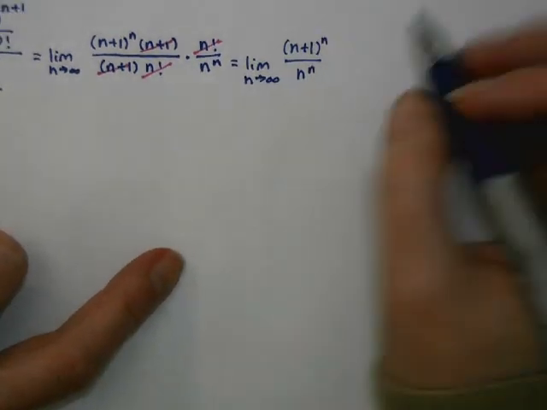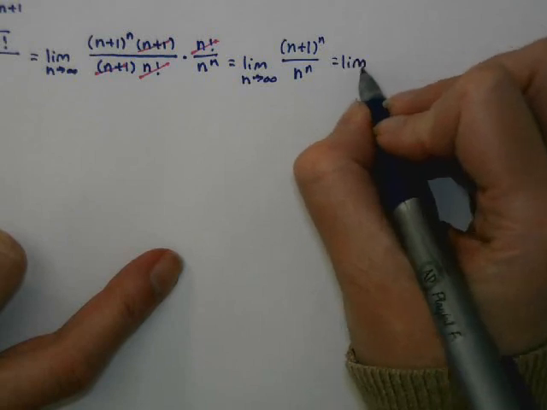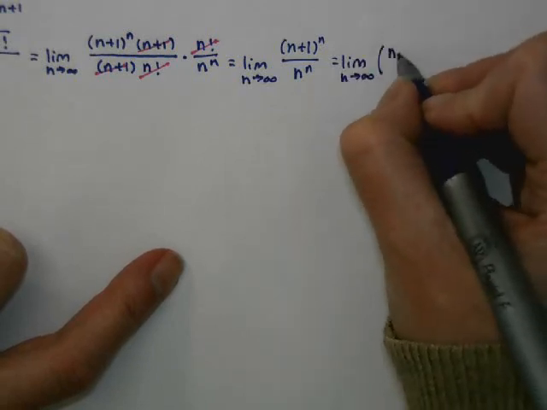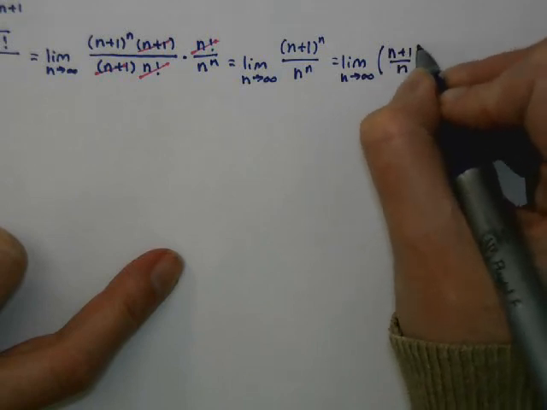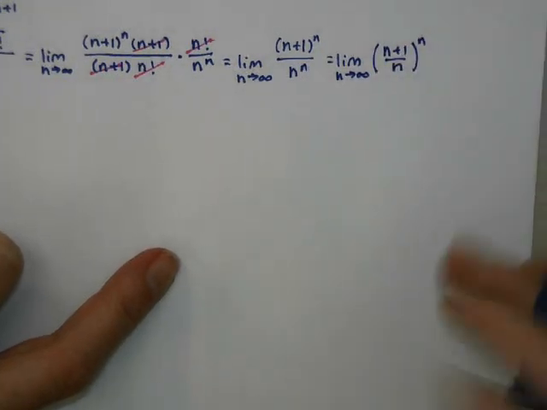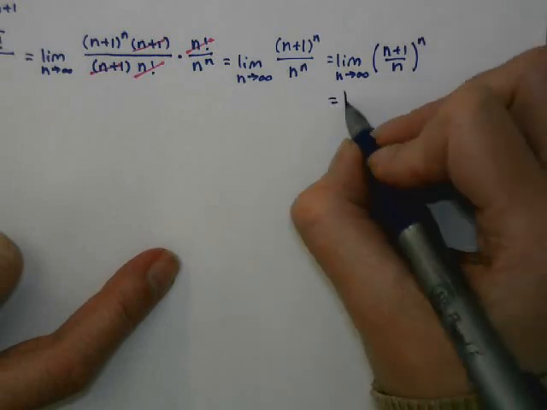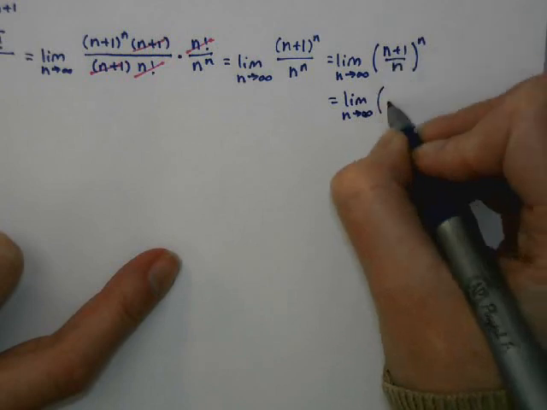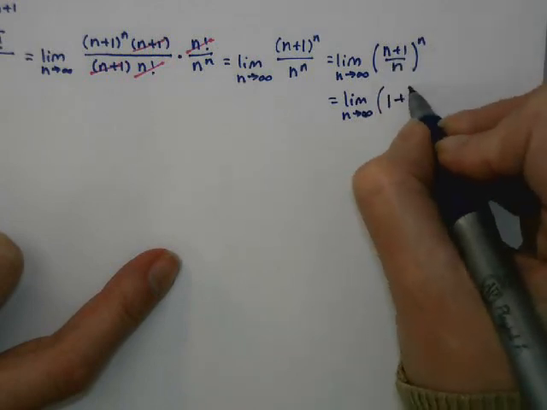So what do we do with that? Well, they're both to the same power. So I can rewrite this as n plus 1 over n to the n, which you might recognize in this form, or n over n is 1.